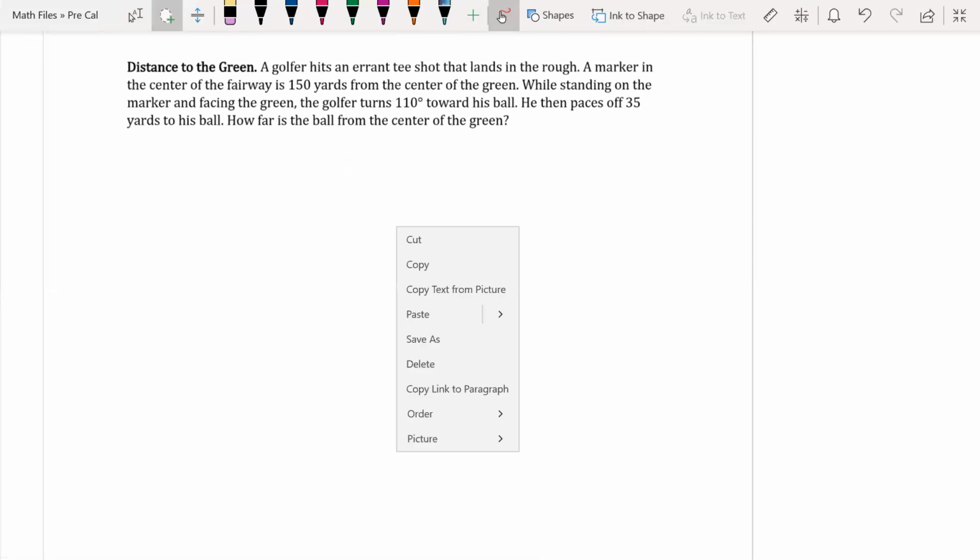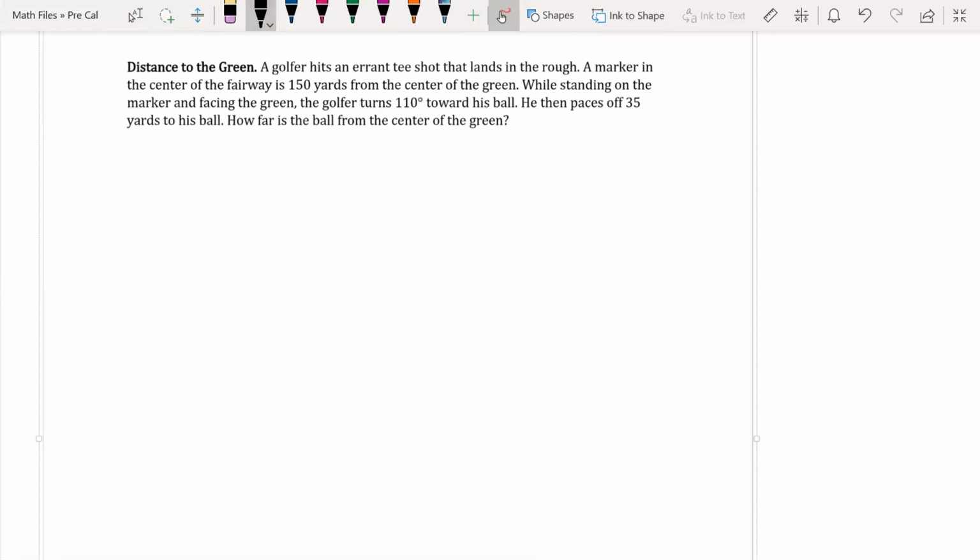All right. Here is our diagram. Here's the golfer standing on the marker, and the marker is 150 yards from the center of the green. There's the center of the green. Now, standing on this marker, the golfer turns 110 degrees towards his ball and paces off 35 yards to go get it.